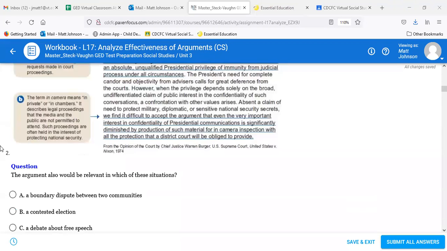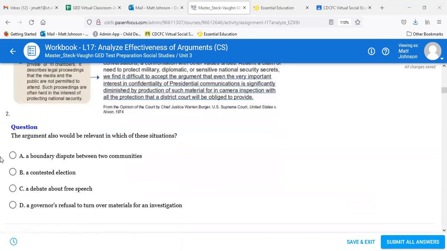And Sasha Gay, could you read number 2? It says the argument also would be relevant in which of these situations? A, a boundary dispute between two communities. B, a contested election. C, a debate about free speech.